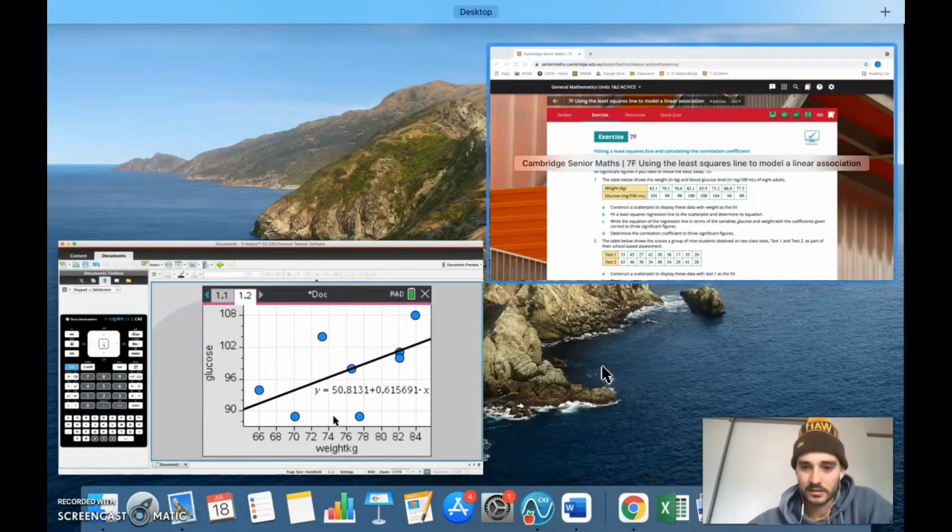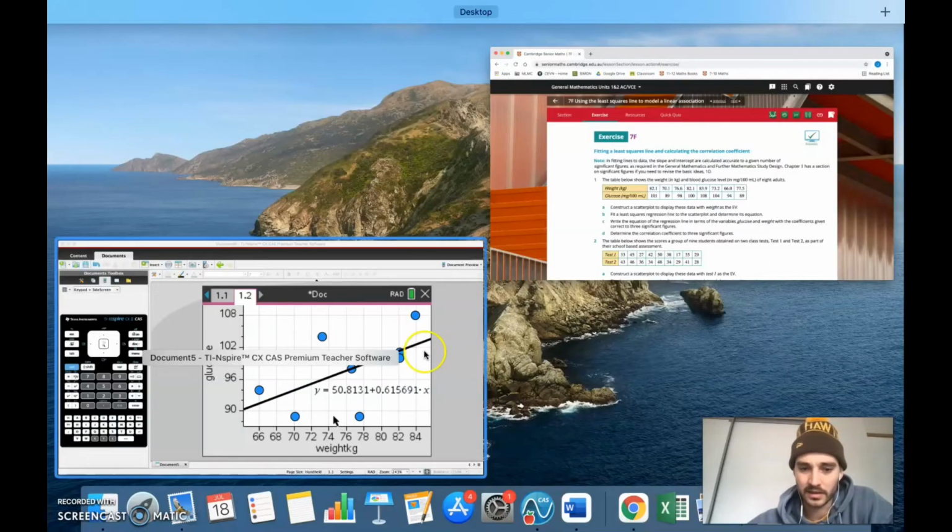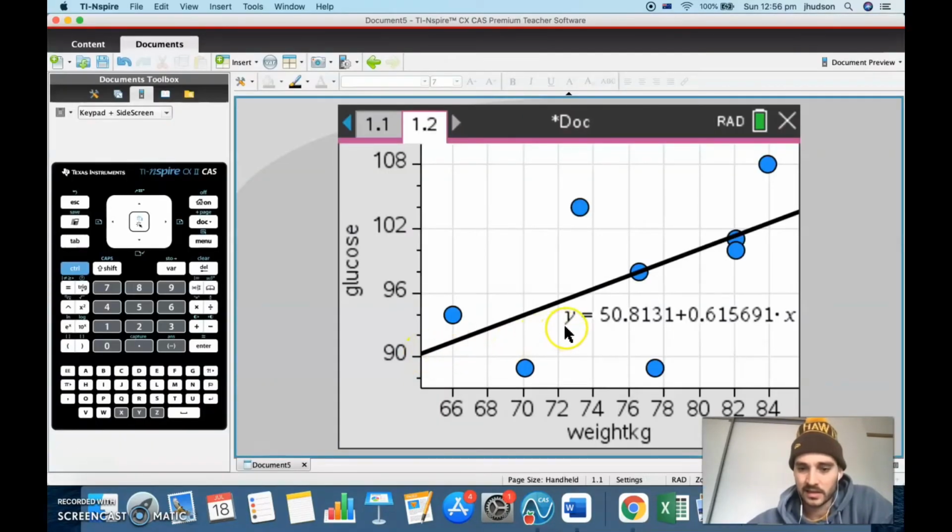So let's go back to the questions. So we've fitted the line. It's given us the equation as well. It says, write the equation of the regression line in terms of the variables glucose and weight. All right, so let's go back over here. It says here y equals 50.8 plus 0.62 times x.